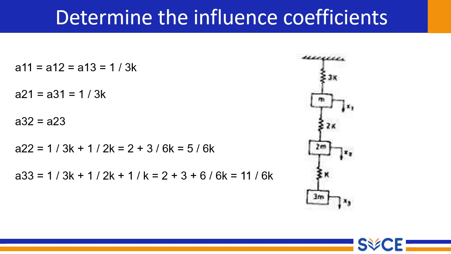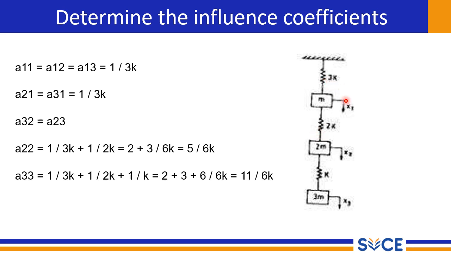But in the next case, you can see that the force is applied at the second mass and we calculate the displacement at the second mass itself. So, we have to take the springs which are connected above it, that is, 3K and 2K both are going to be responsible if the force is applied at the second mass.